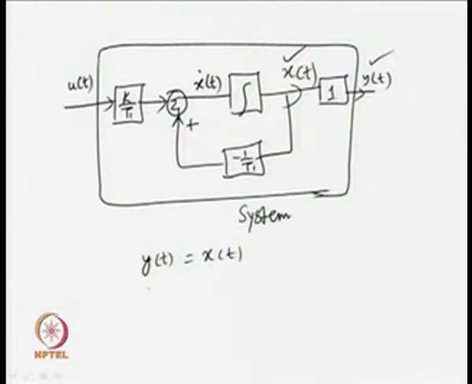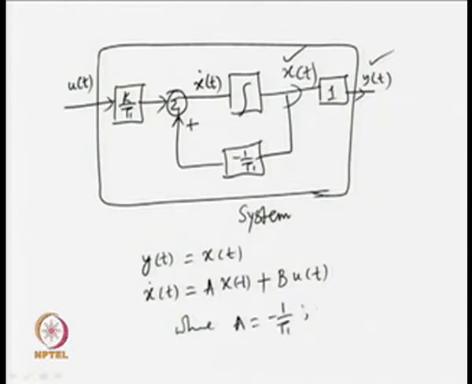What about x dot t? x dot t is equal to A x t plus B u t, where A is equal to minus 1 upon T 1 and B is equal to K upon T 1. So, these are the system parameters.